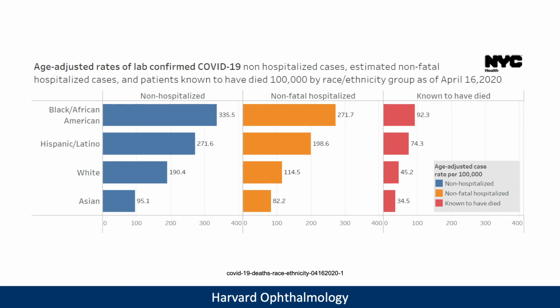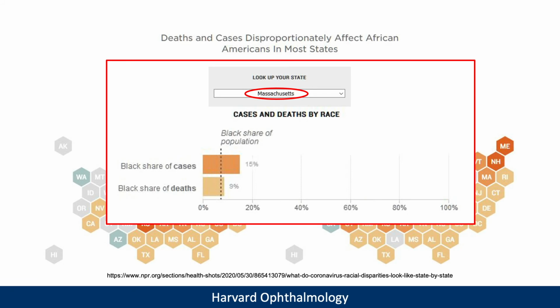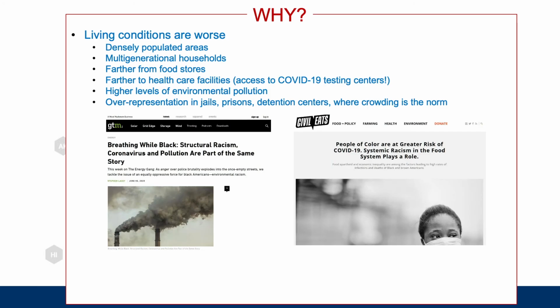This was particularly evident in this data from the New York City Department of Health, and even in the liberal state of Massachusetts. We know very well that surrounding areas like Chelsea and Everett and Revere have been disproportionately affected, and that our brown and Black siblings have been more affected than white Americans by this disease and by death.